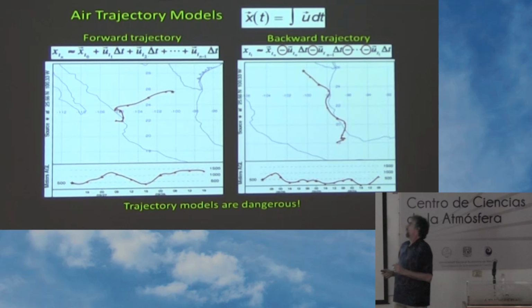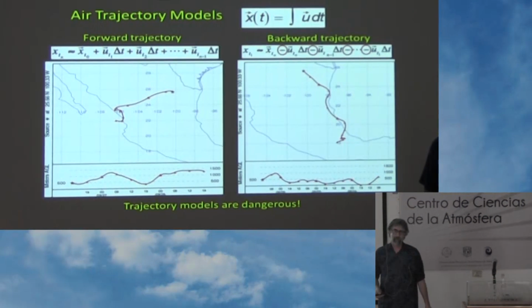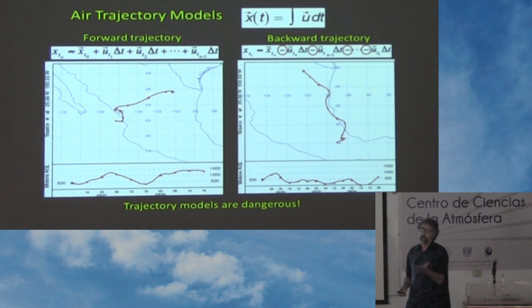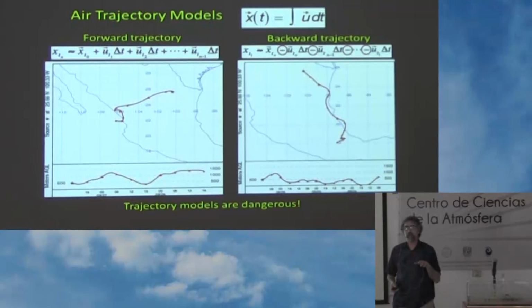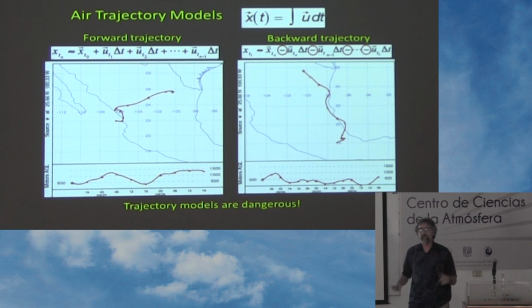Now, there are not very many atmospheric trajectory models in the world that people use. There's HYSPLIT, and there's a European one called FLEXPART, and the Japanese Meteorological Service has another one. The reason that there are not very many trajectory models is not because the models are complicated. They are not complicated. It's because managing the data is complicated.